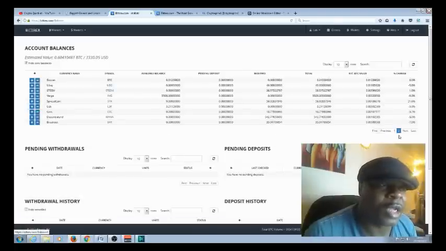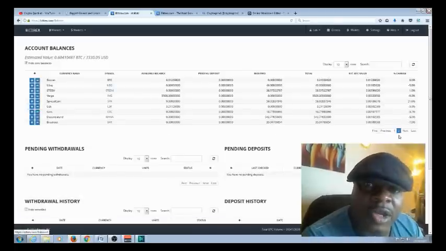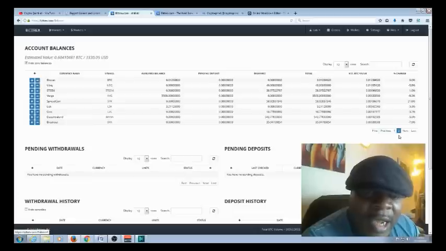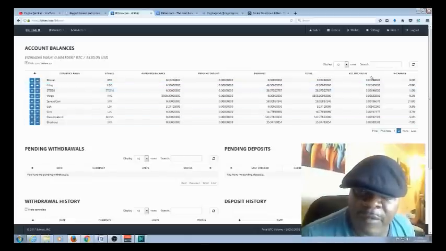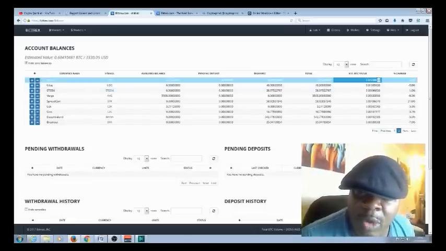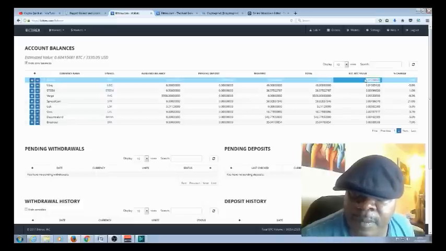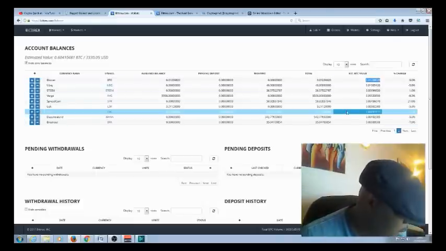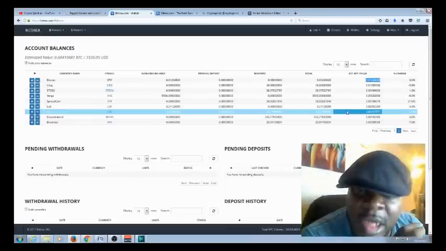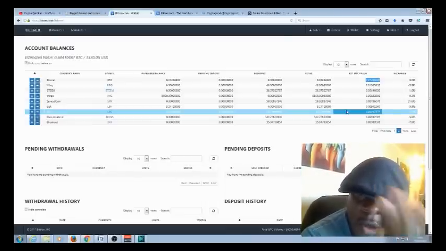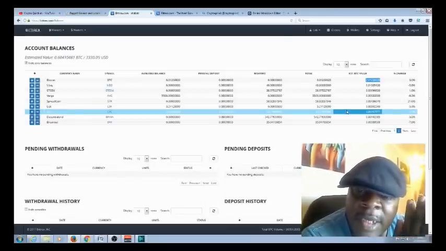I've preloaded Bitcoins onto this website. This is how much I've got left in Bitcoins on this website at the moment.